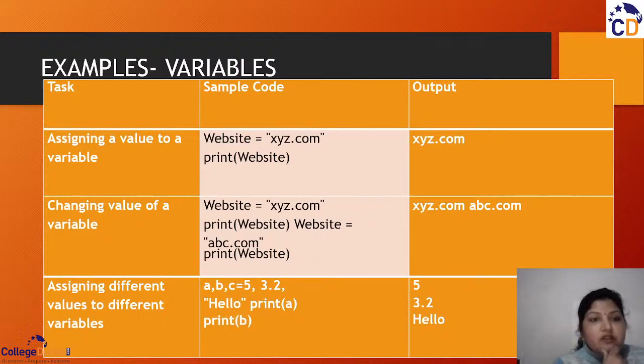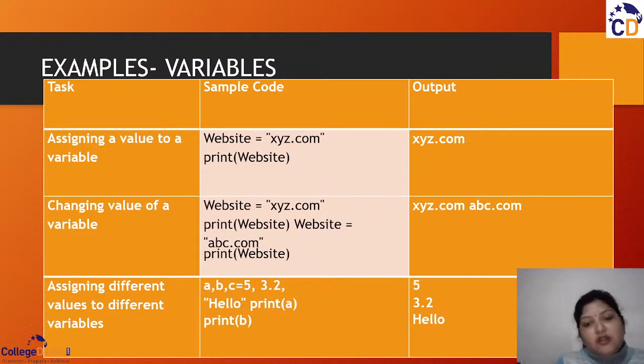Now, changing the value of a variable. It is not like it is fixed, like website is equal to xyz.com, and if I print that variable, it is going to print xyz.com. Whereas if I want to change the value of that variable, I may change it any number of times. It is not fixed.